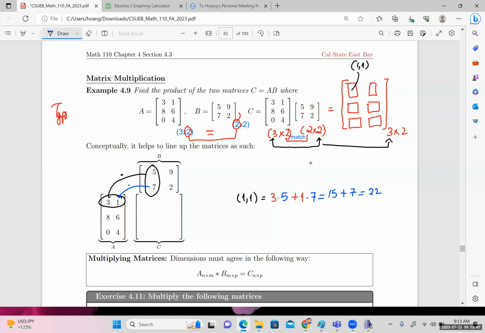Let me rewrite this over here: entry 1 1 will be 3 and 1, the product between 3 and 5, 1 and 7, plus. And you're gonna get 22.